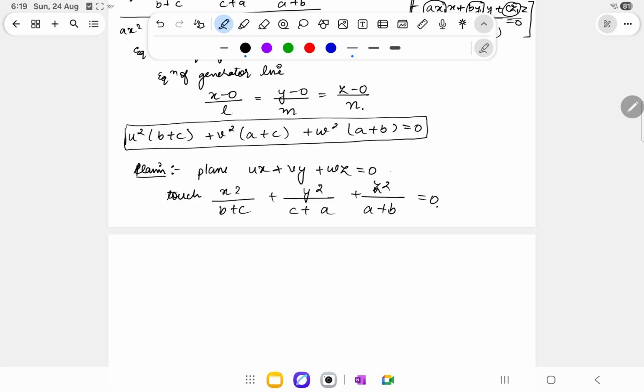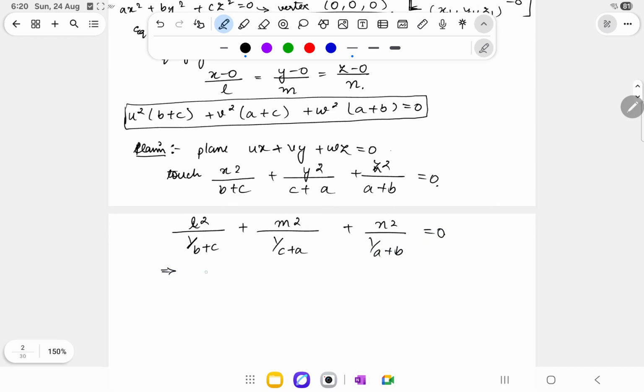So you can use the tangency relation, which says that any plane is tangent to the given conicoid if it satisfies l square upon (1 upon (b plus c)) plus m square upon (1 upon (c plus a)) plus n square upon (1 upon (a plus b)) equals to 0. From here I'll get l square into (b plus c) plus m square into (c plus a) plus n square into (a plus b) equals to 0.